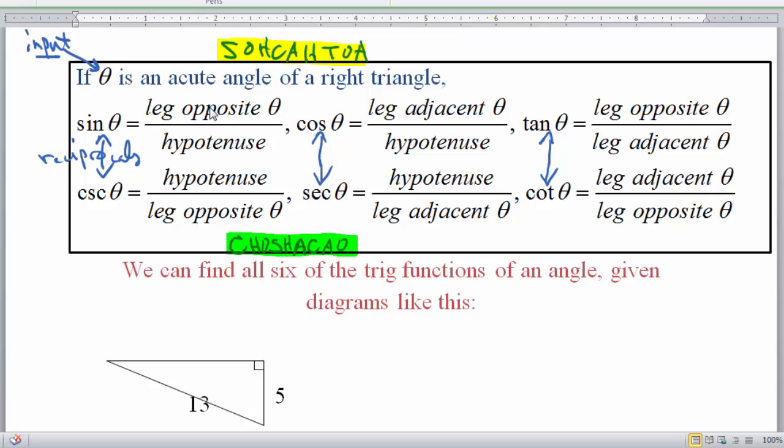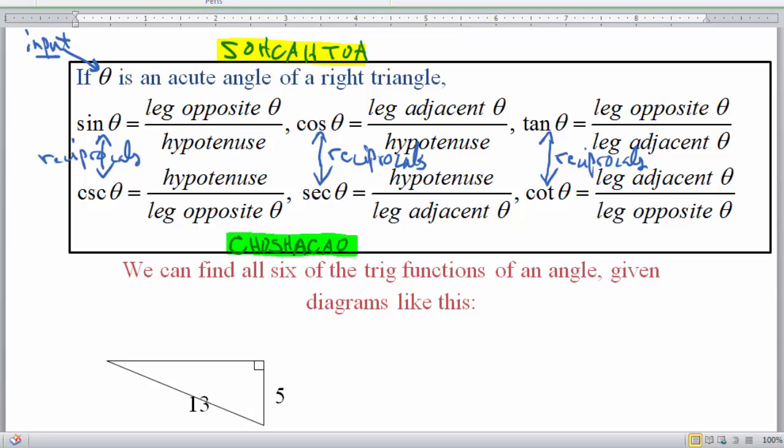Sine was the opposite over the hypotenuse, so cosecant was the hypotenuse over the opposite. Cosine was adjacent over hypotenuse, so secant was hypotenuse over adjacent. Tangent is opposite over adjacent, cotangent is adjacent over opposite, so those are also reciprocals. So you can memorize either both or just SOHCAHTOA and then know what the reciprocal functions are.